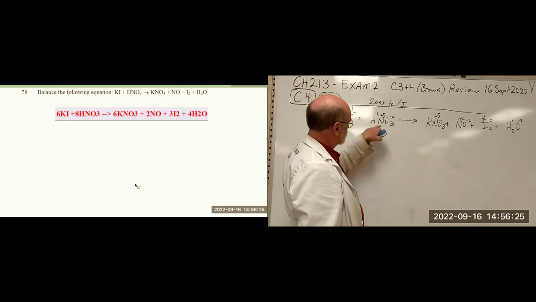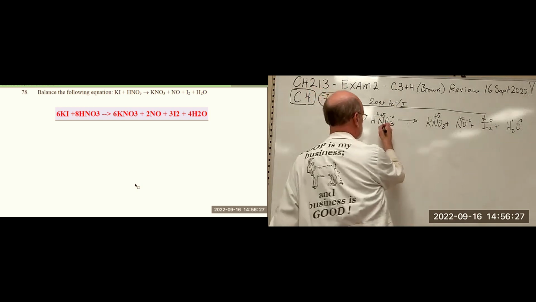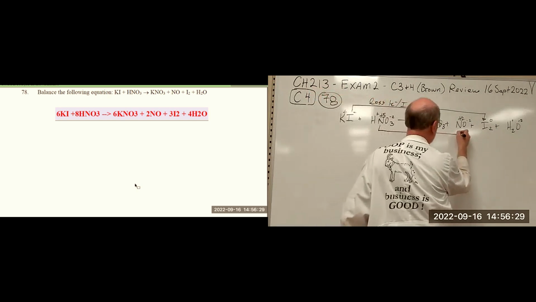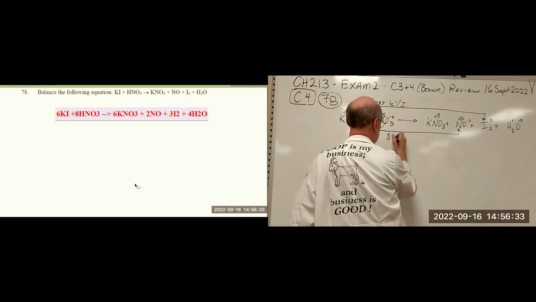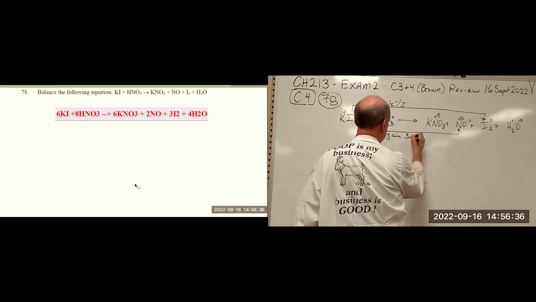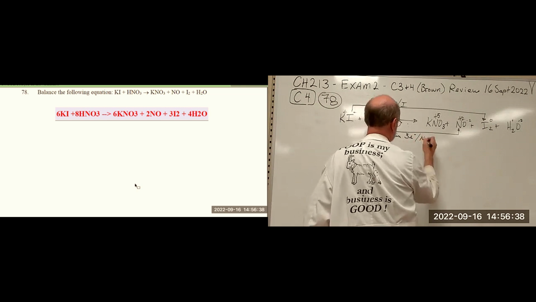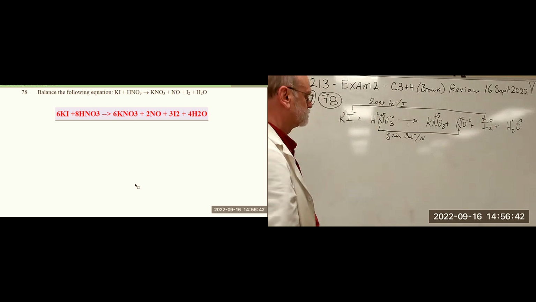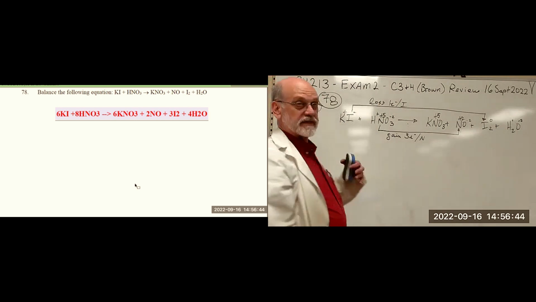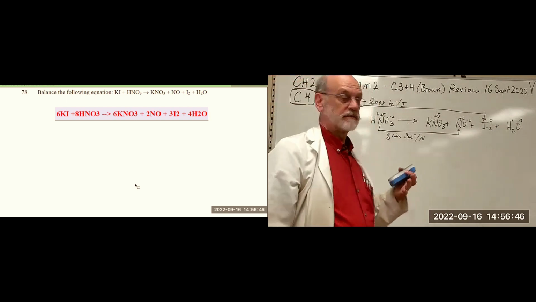The other one is one of these nitrogens went to here. And that gained 3 electrons per nitrogen. Okay? Now, we just need to balance the electrons.